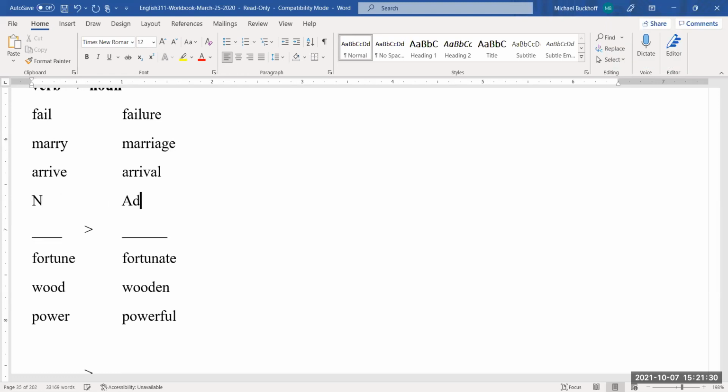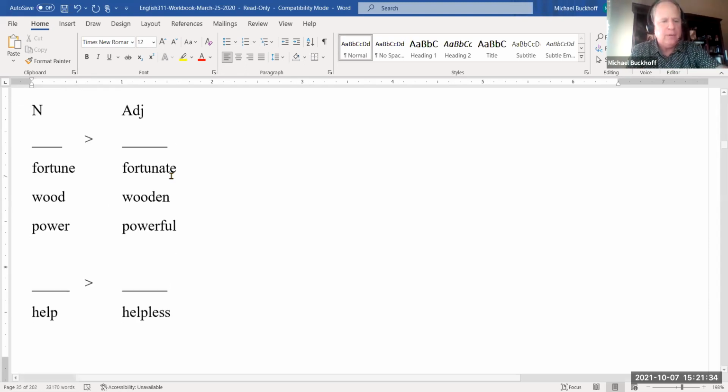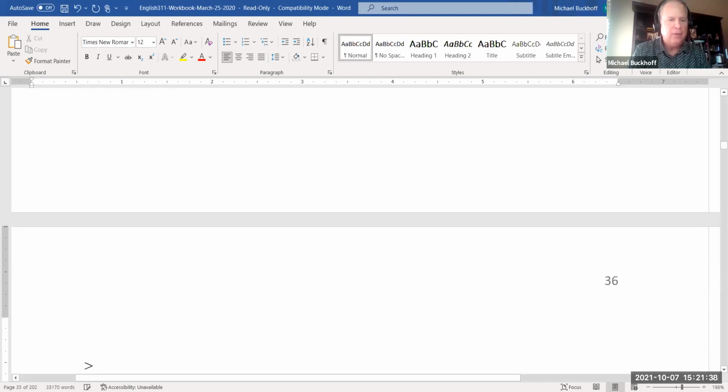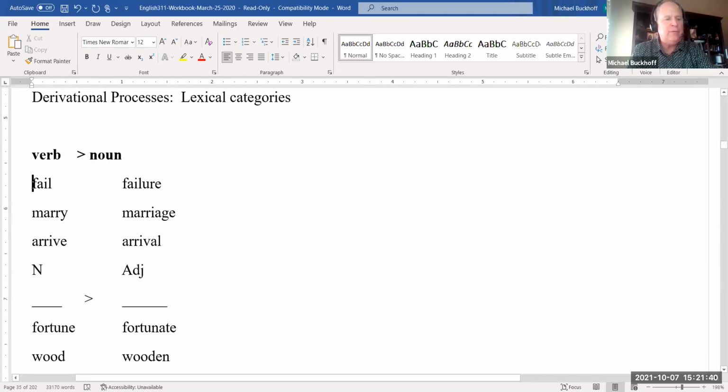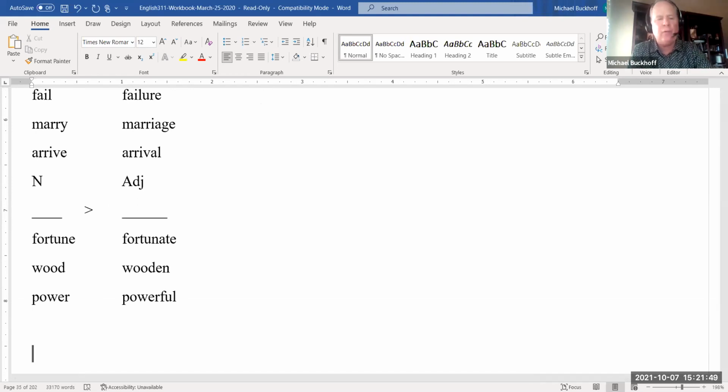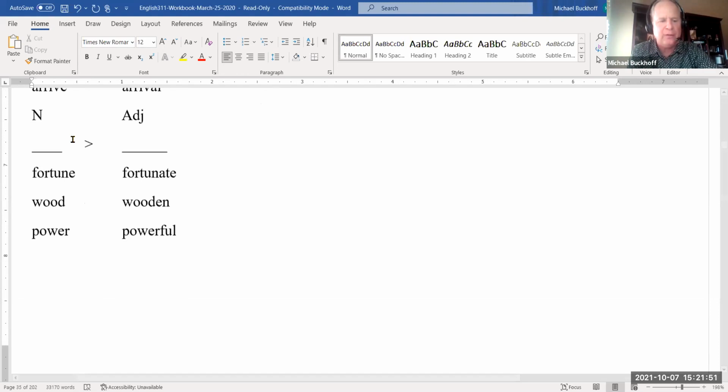Yes, Simon. Exactly. Let's keep going. That's all you got to tell me. If you saw fortune, fortunate, you would say derivational, changing from nouns to adjectives. Don't even need to write the full word out. Just make sure you understand what you're trying to tell me.